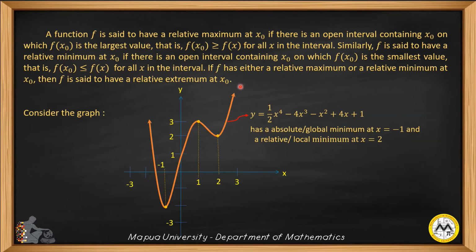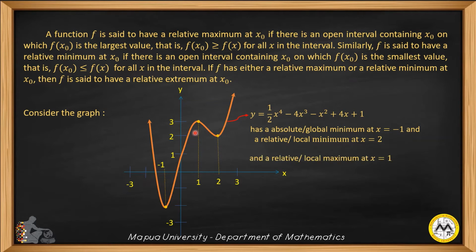So a point can be lowest overall, and that would be referred to as an absolute or global minimum point, and that is observed at x equals -1 here. Or it can just be a local or relative minimum, meaning it is just lowest compared to its neighbor but not overall, and that is observed at x equals 2.